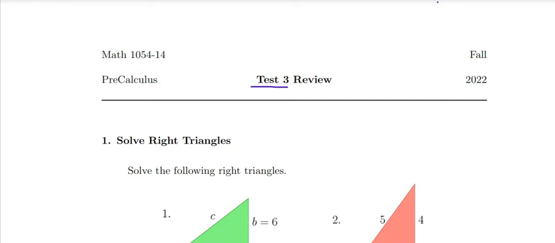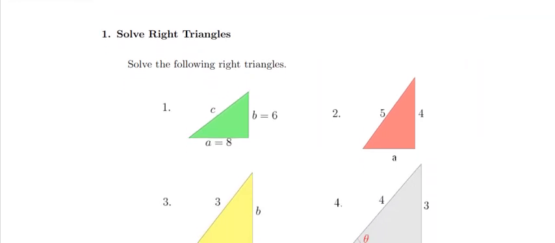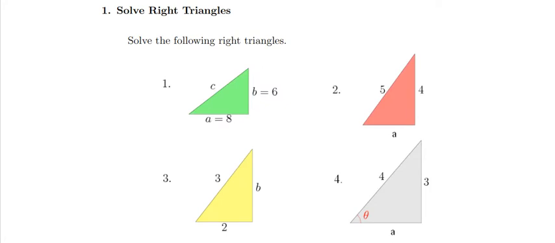Our first topic is solving right triangles. Solving a right triangle means that if you give me two parts, then we can find the others. Like we have this right triangle: side A equals 8, side B is 6. What is C?